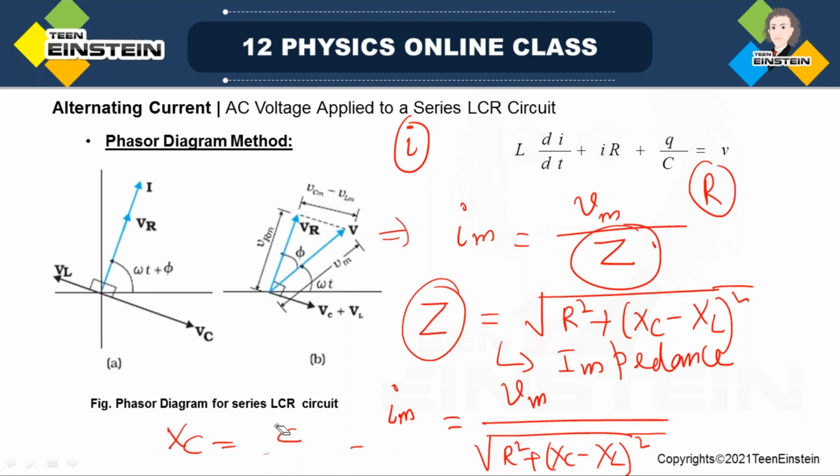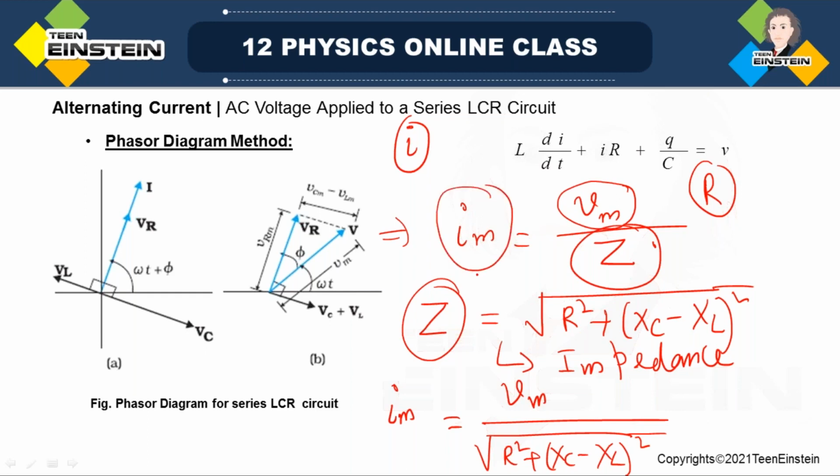So you have to remember, in AC circuits there is an equivalent resistance called impedance, and it is given by under root resistance square plus Xc minus XL whole square. This is for an LCR series circuit. Here Vm is the maximum voltage of the AC source, and Z has the dimension of resistance.